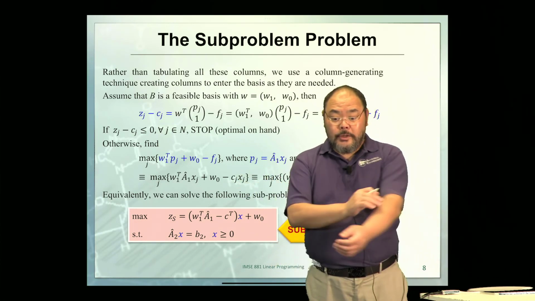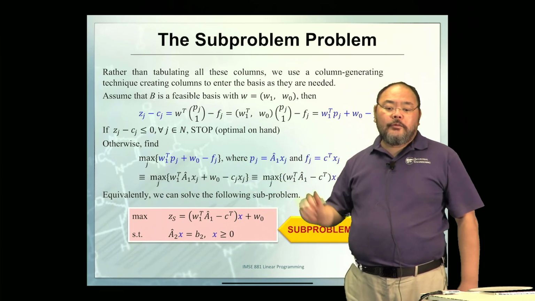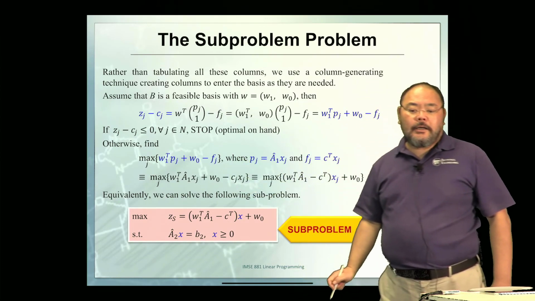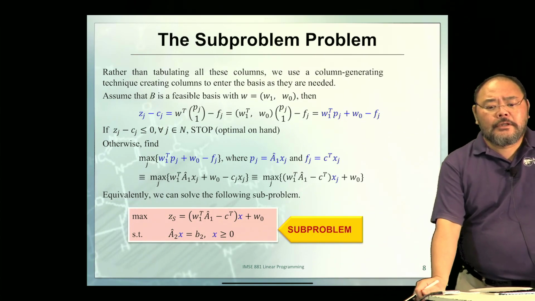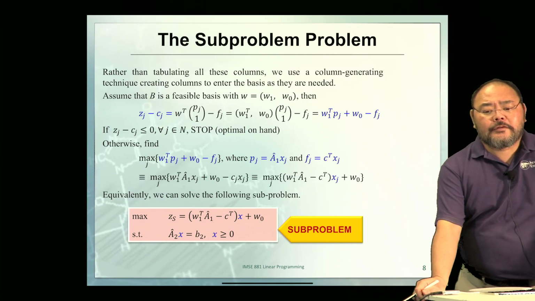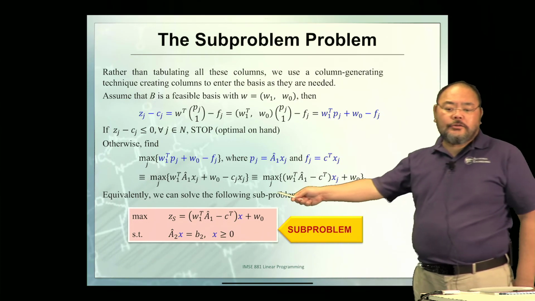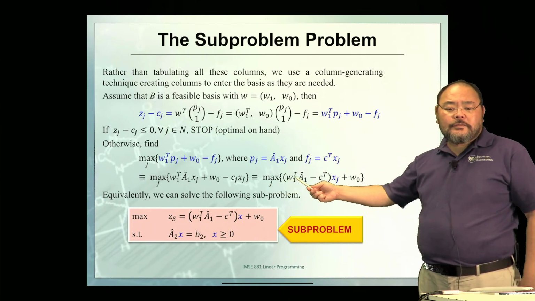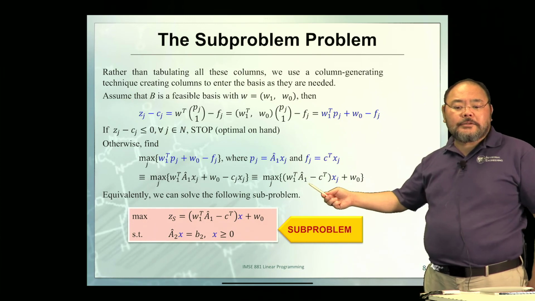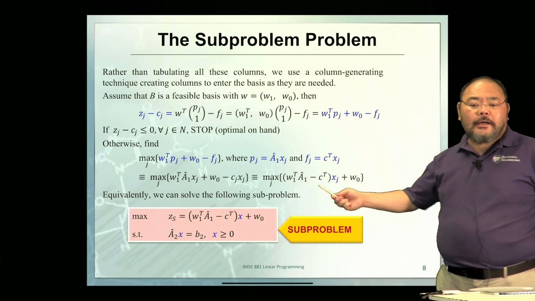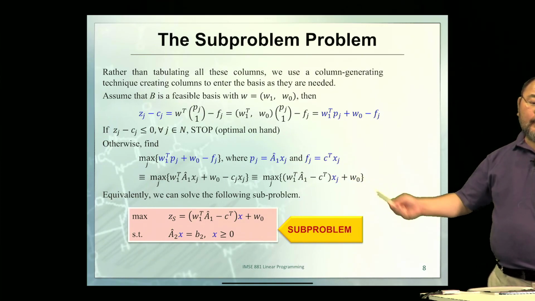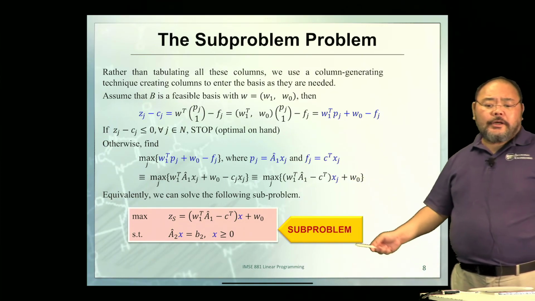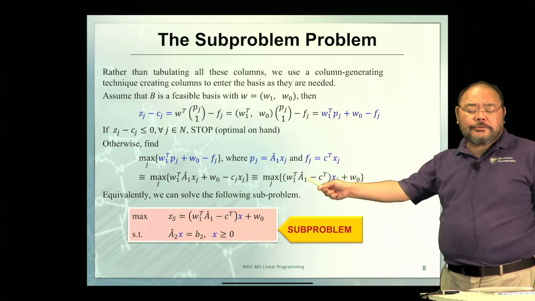We're assuming we know them. And where will we find these extreme points for the region? What we have is basically we can convert it back into maximizing omega 1 transpose times A1 hat minus c transpose times xj, plus omega naught. So we can break it back to the original format.